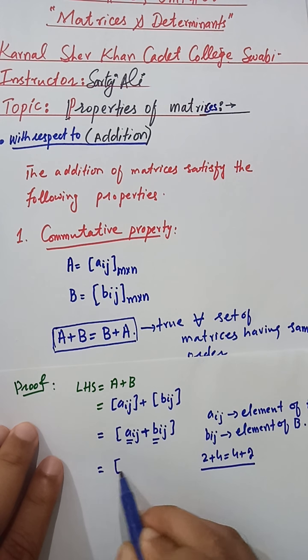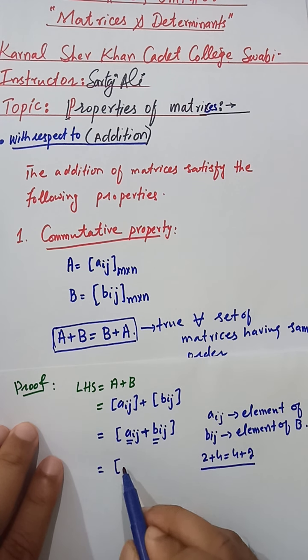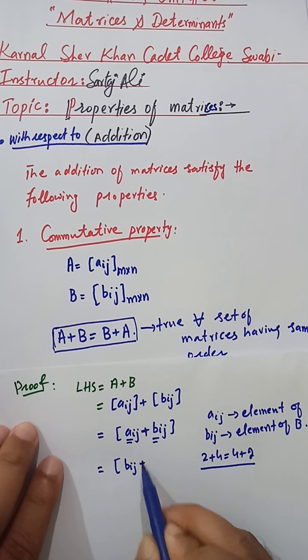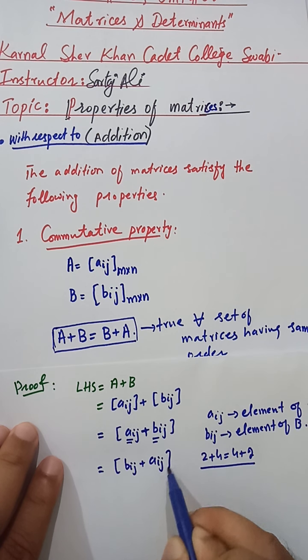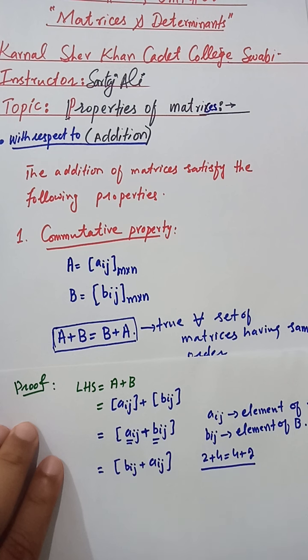So I can write Aij plus Bij in the form of Bij plus Aij, and the reason for this is that the elements of both matrices are real numbers and real numbers are commutative. Now this is the addition.